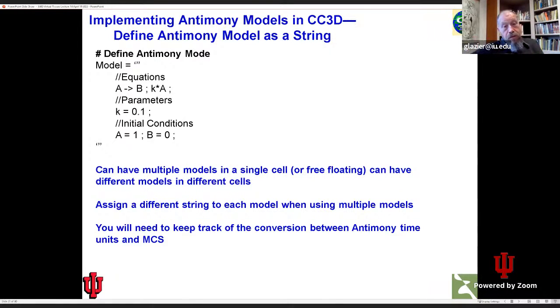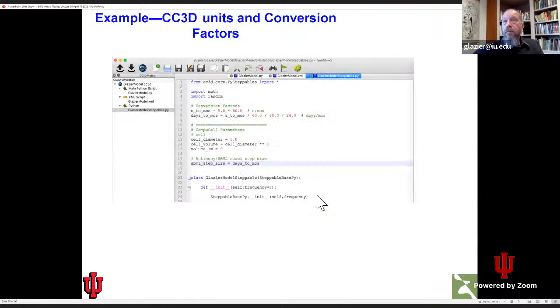And that's a parameter that you have to decide. It'll depend on what units you use to define time inside your antimony model. You can have different time scales for different antimony models. But you do have to keep track of how much antimony time in each model is in one Monte Carlo step. And so you should keep track of CC3D units and conversion factors.